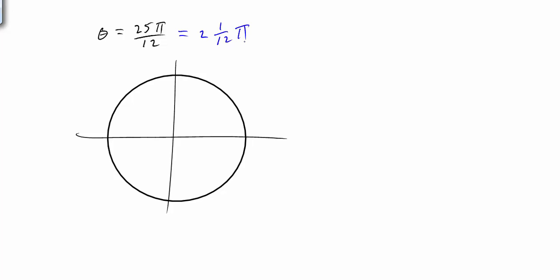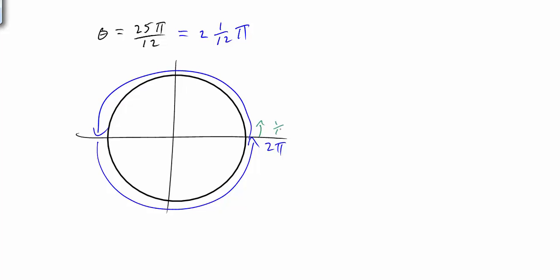So now we have 2 and 1/12 pi, so we can mentally think here is 1 pi, 2 pi, so here's 2 pi, but then we need to go another 1/12 pi. So that tells us our angle is going to be here, which is in the first quadrant.